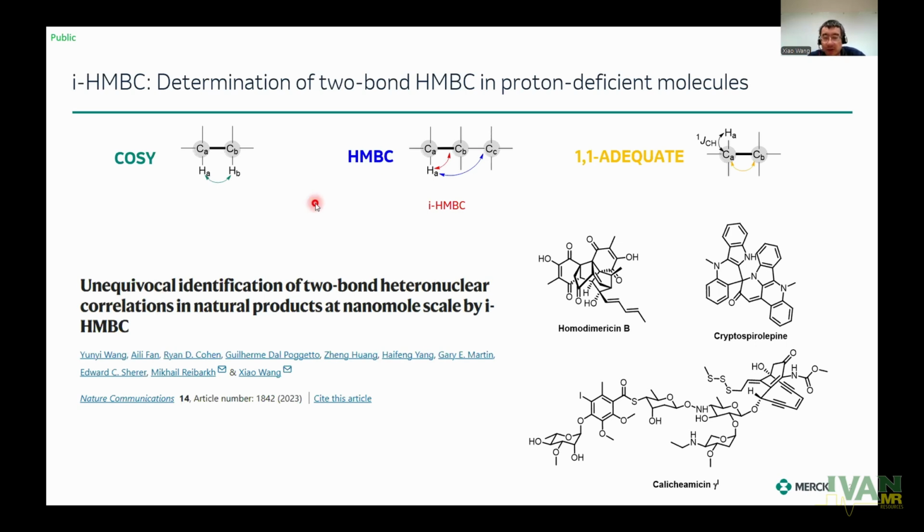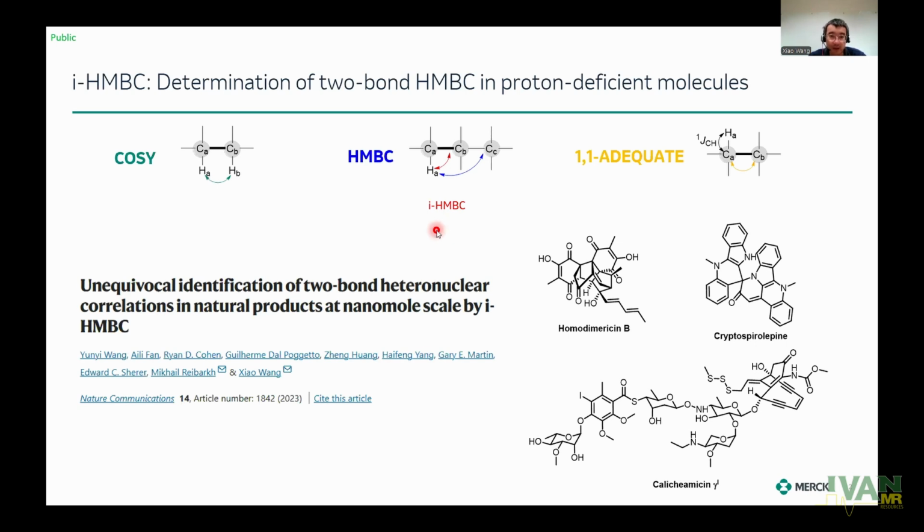We are interested in proton deficient molecules because those usually contain a lot of quaternary carbons or very rigid caged skeletons, and they are very challenging to solve. i-HMBC is basically a regular HMBC, just with a longer acquisition time and much higher resolution on the proton dimension.